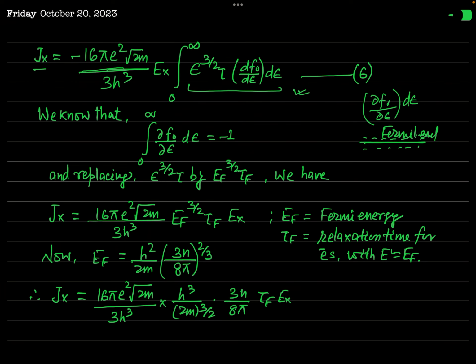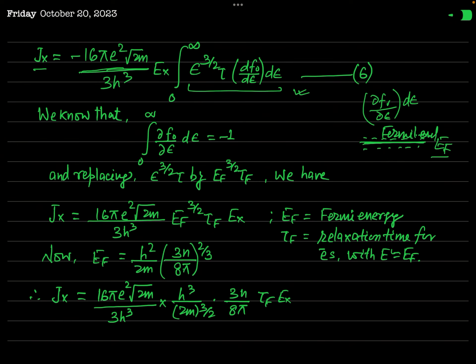It means we are talking about only those electrons which have energy almost equal to the Fermi energy. So in that condition, the energy will have a particular value, and that will be equal to EF.